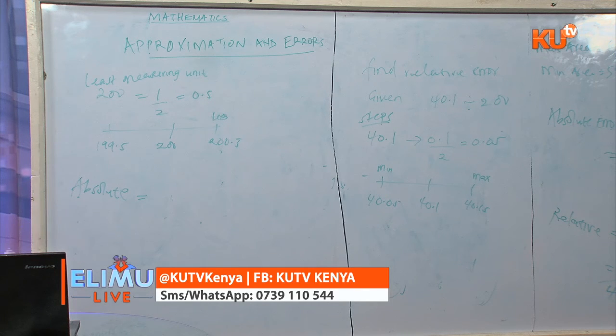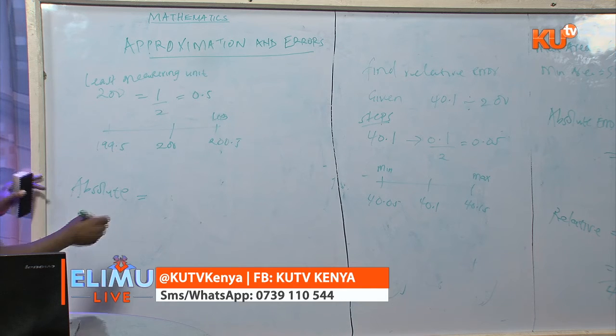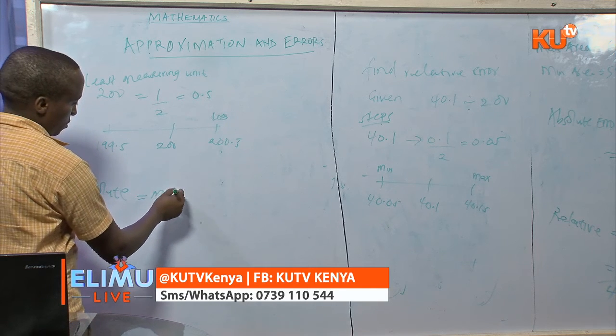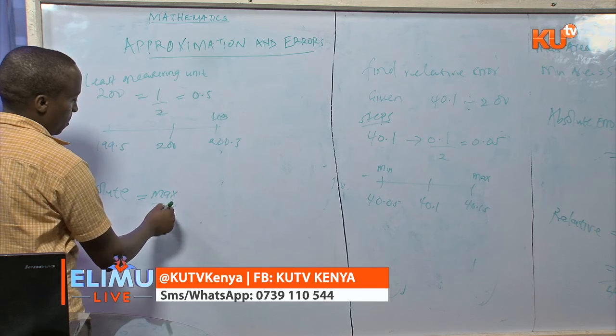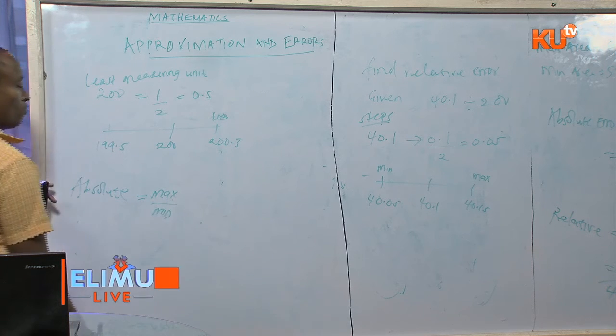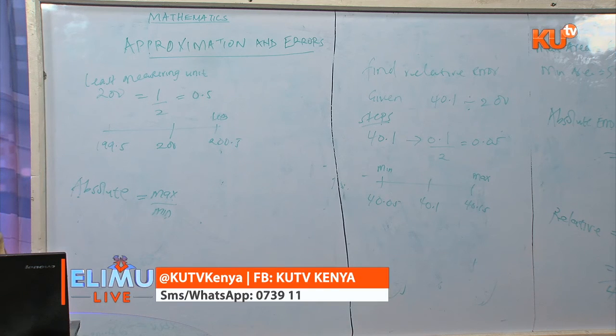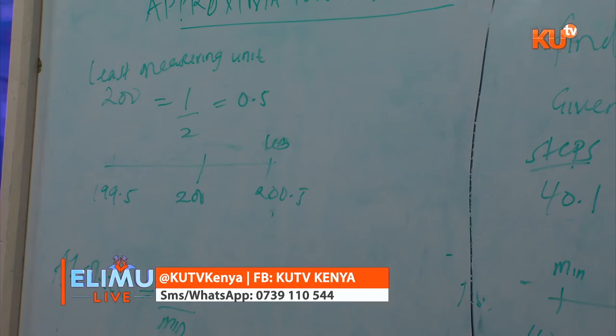For this one, automatically it becomes the maximum divided by the minimum. Maximum divided by the minimum, we'll get the absolute error.